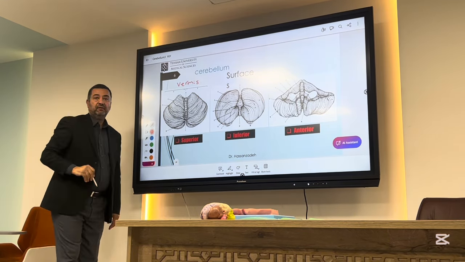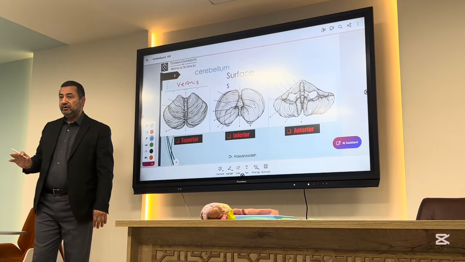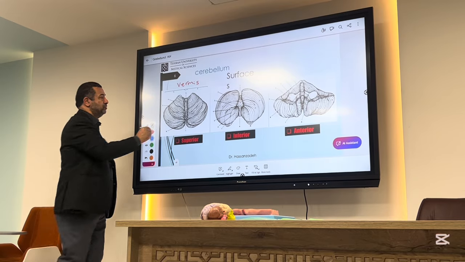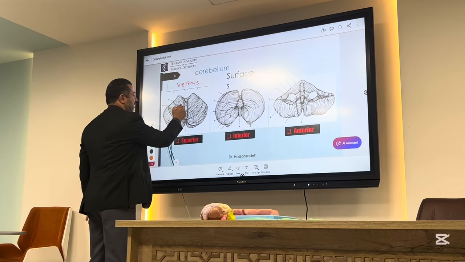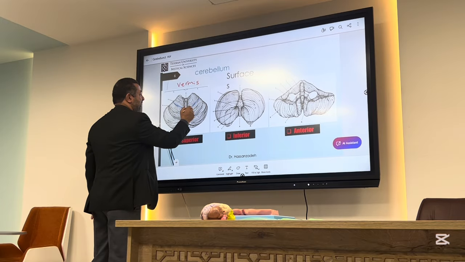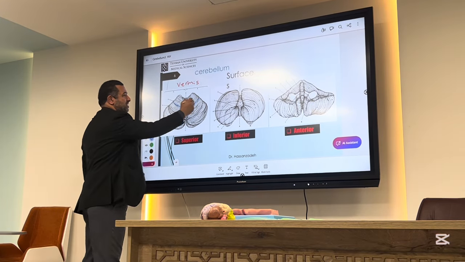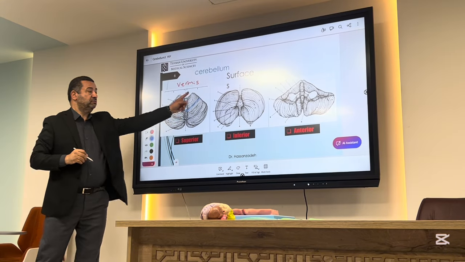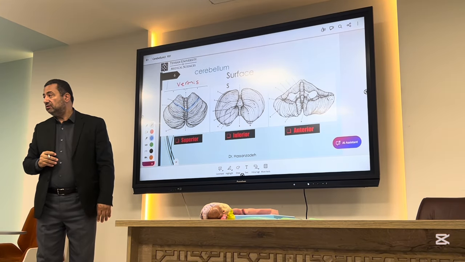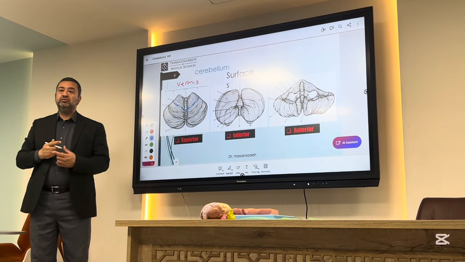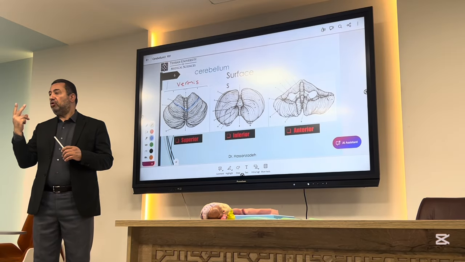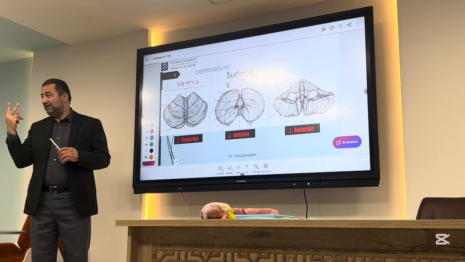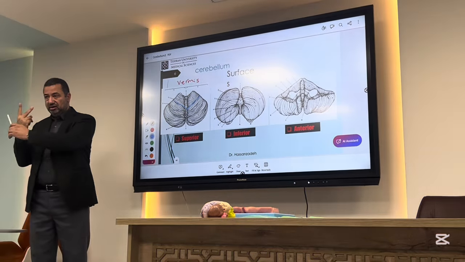In the superior surface of the cerebellum, between anterior lobe and posterior lobe of the cerebellum, there is a V shape sulcus, similar to Persian or Arabian 7. Yeah?